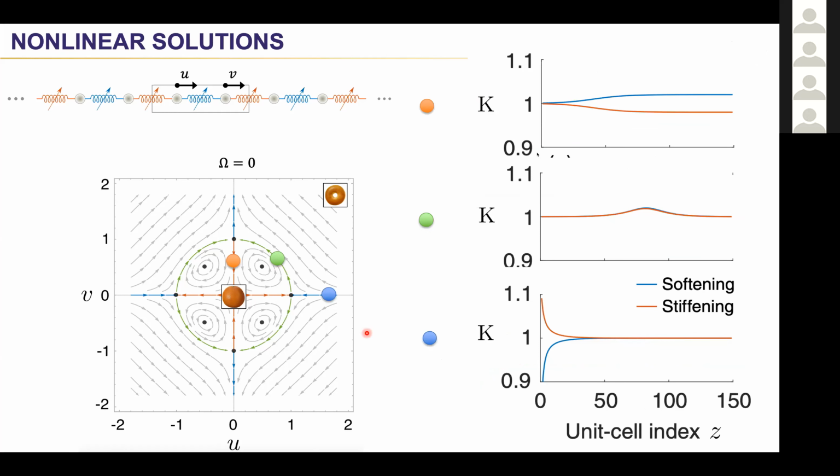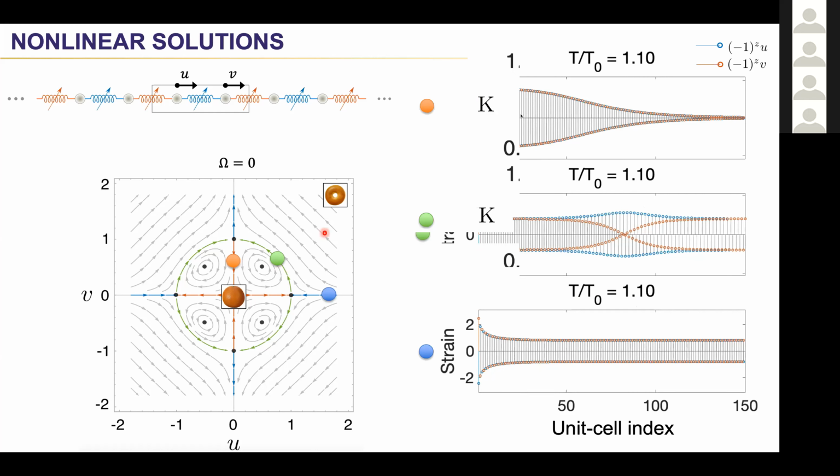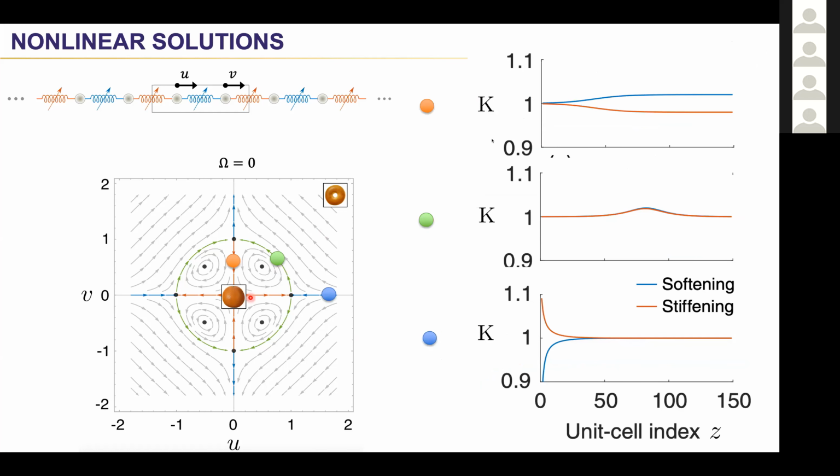I'll recommend the paper if you are interested in why these are topologically distinct regions, but to mention it very briefly, what we have is that in this domain, which is the one inside, gamma 1 is always less than gamma 2, which are the effective stiffnesses of softening and stiffening nonlinear springs.